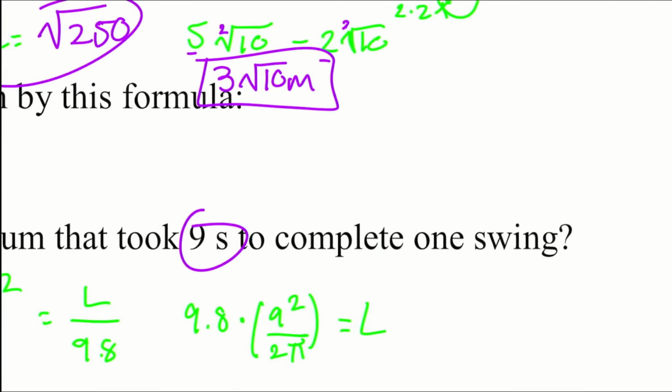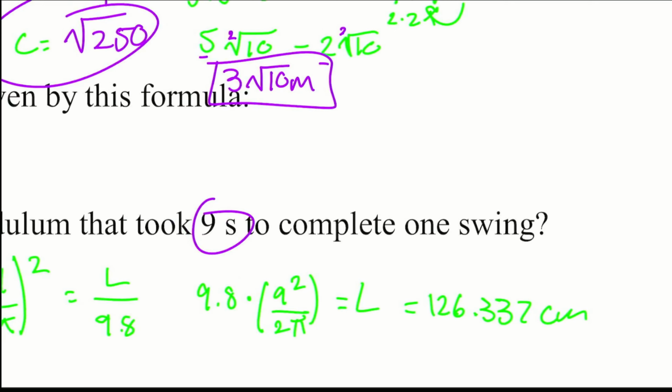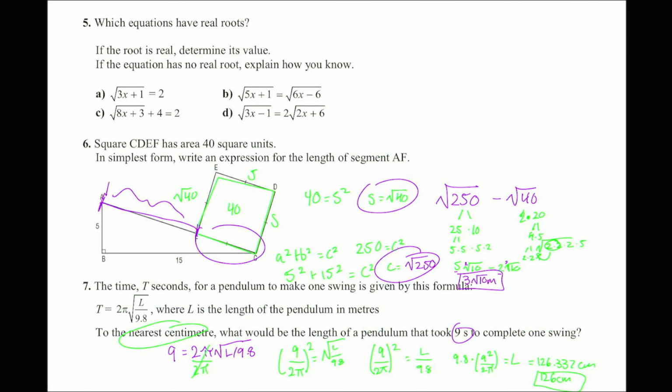So that gives us our length as 126.33 centimeters. However, we're asked to round to the nearest centimeter, so we get 126 centimeters as the length of the full swing. If our pendulum took 9 seconds to complete, that is the length, 126 centimeters.